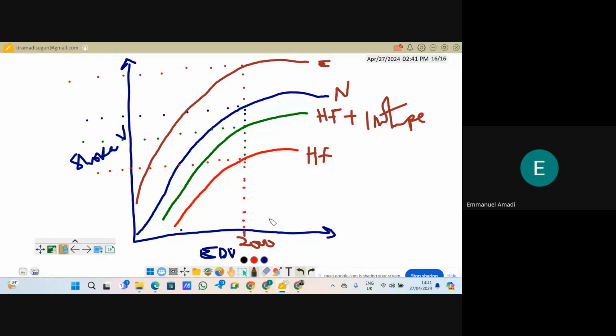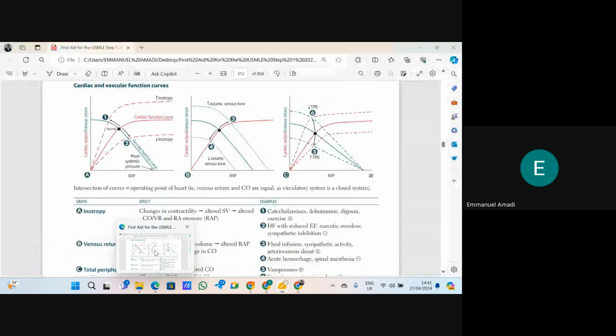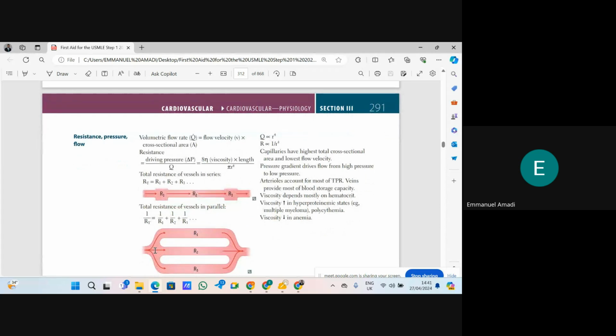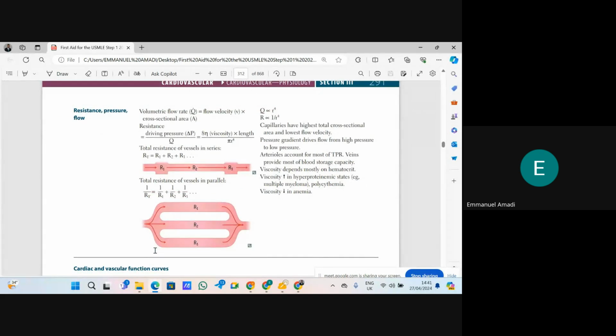So moving on now, let us look at the last page, and we can definitely call it a day for today's session. Now, when you look at the resistance and pressure and flow, I don't want you to blindly cram the equations and the rest.